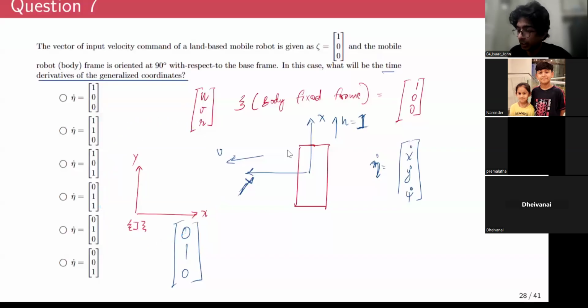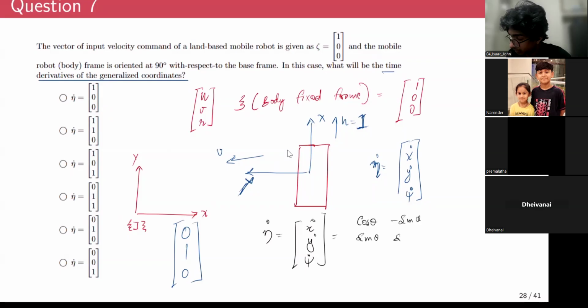Or if you want to do that numerically, you have the forward kinematic mapping, eta dot, which is nothing but x dot, y dot, psi dot, is nothing but cos theta, minus sin theta, 0, sin theta, cos theta, 0, 0, 0, 1, multiplied by u, v, r.